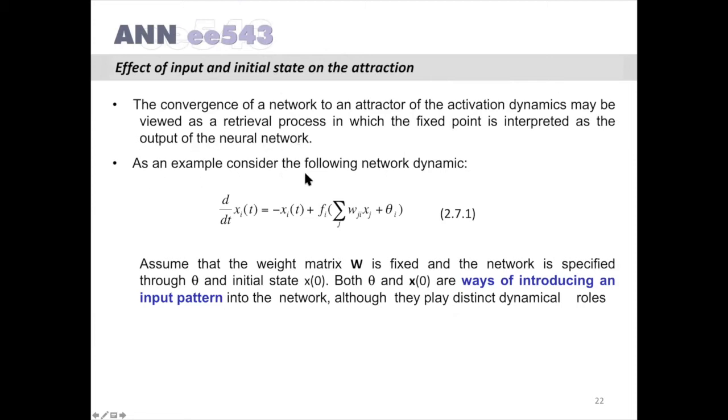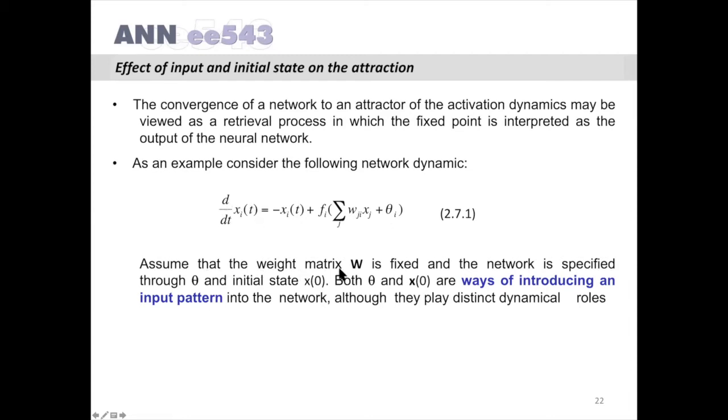As an example, consider the following network dynamics. The time derivative of the output of the ith neuron at time t is equal to minus the output of neuron i at time t plus f_i of the summation, j from 1 to n, of the connection weight from the j neuron to i multiplied by the output of the j neuron, plus the threshold of the ith neuron.